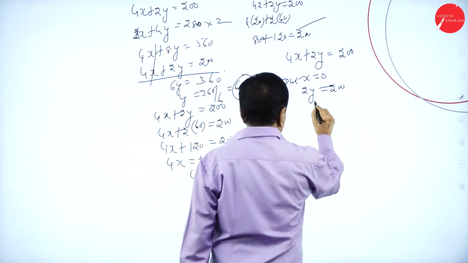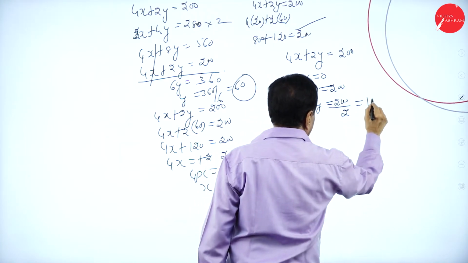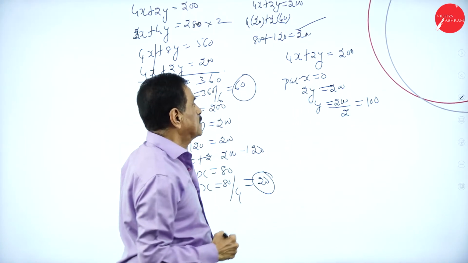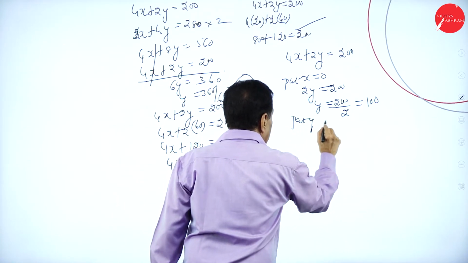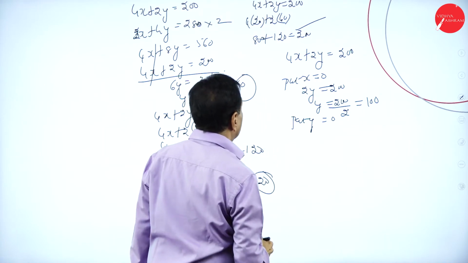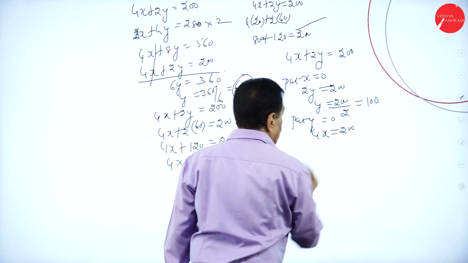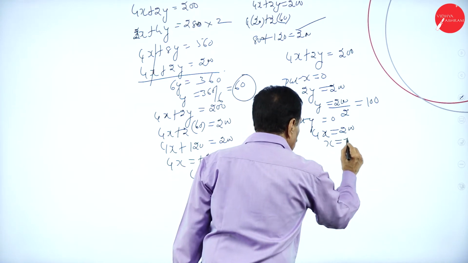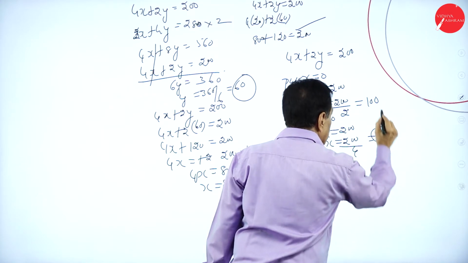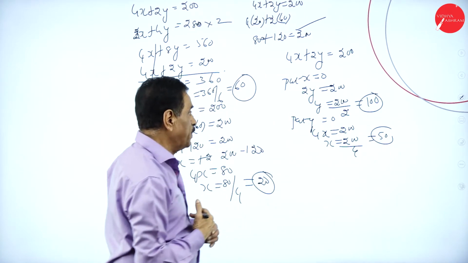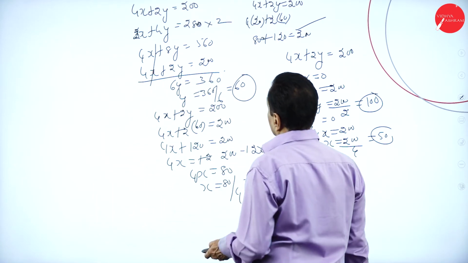Y is equal to 200 divided by 2 is 100. Then put y is equal to 0. 4x is equal to 200. X is 200 divided by 4 is 50. So x value should be 50. Y value should be 100. This is the first equation.